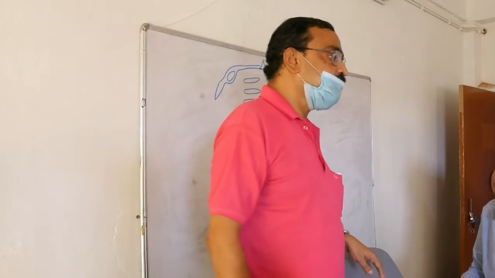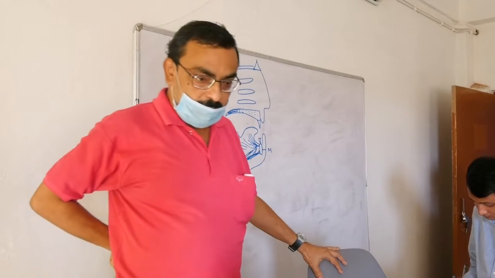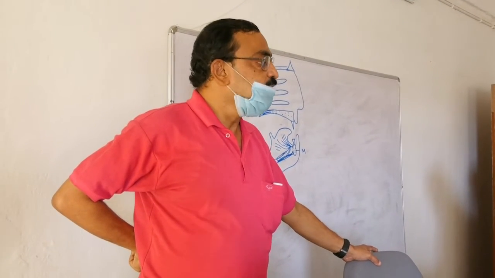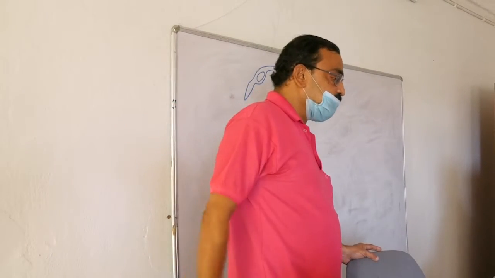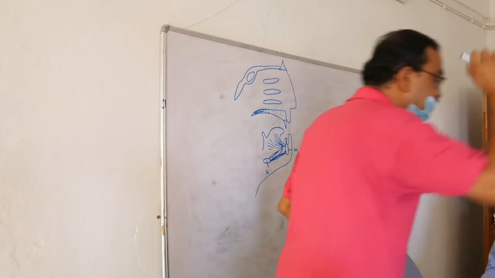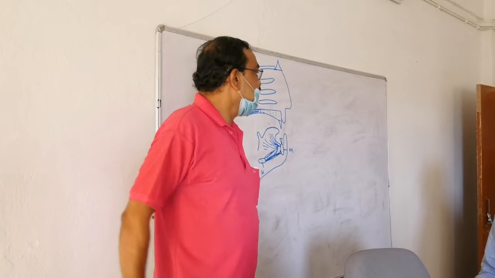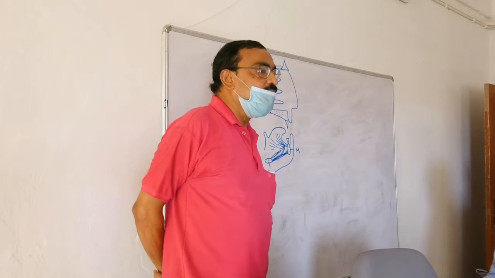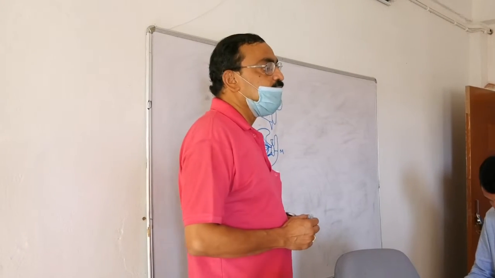Actually, these elevations are nothing but the projection of bones which are covered by the mucous membrane. What we can see here: these bones are called the superior concha, middle concha, and the inferior concha.